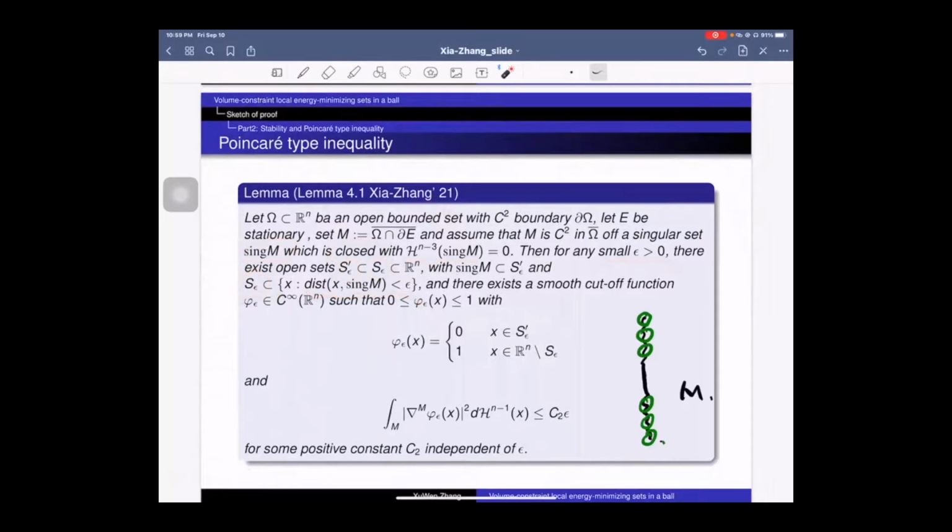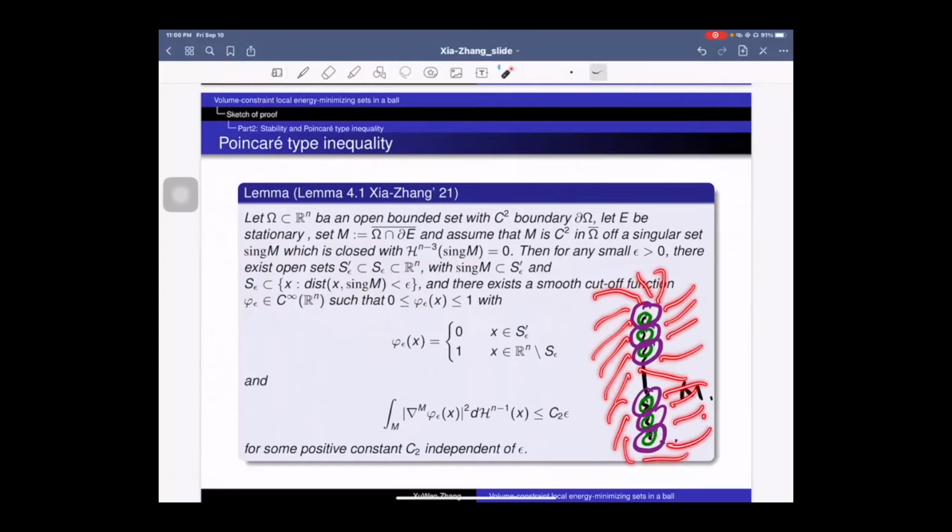Moreover, we can construct some smooth cutoff function phi epsilon, such that phi epsilon vanishes in a small region and is identically 1 outside the bigger region.